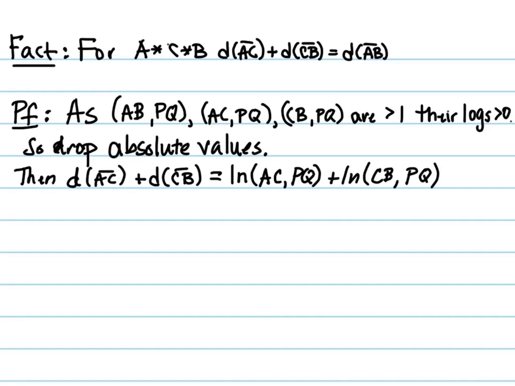Okay, so tell me what you remember about natural log properties. This is a college algebra topic at this point. Do you remember natural log properties? What do you remember, Kelsey? When you add them, you multiply. Right.